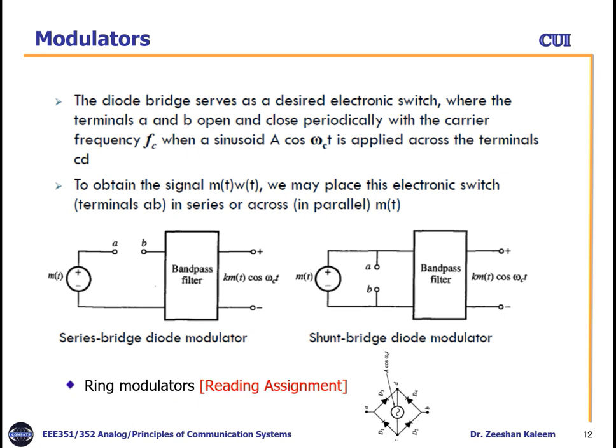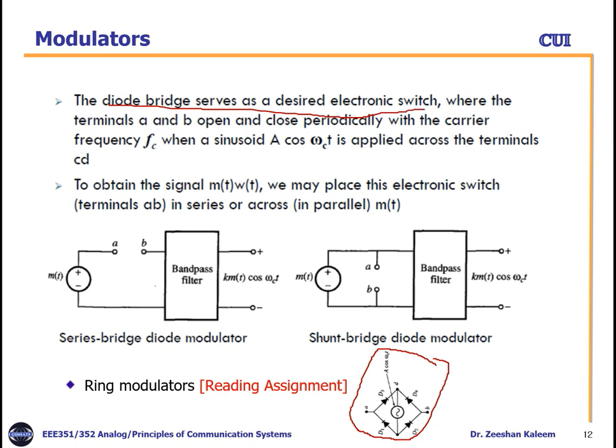In this slide, we will see the role of the electronic switch, the diode bridge which we discussed in the last slide. The diode bridge serves as the desired electronic switch.